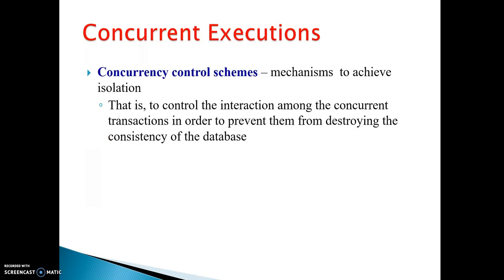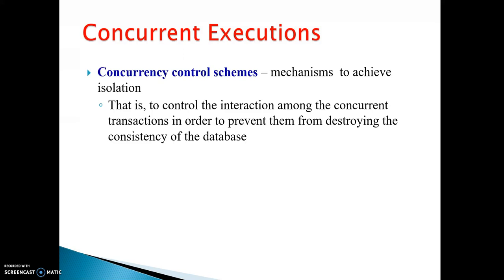If the transactions are executed concurrently, we need one mechanism to control this entire thing. Otherwise it leads to inconsistency or other kinds of issues. To achieve this, we use concurrency control schemes through isolation.